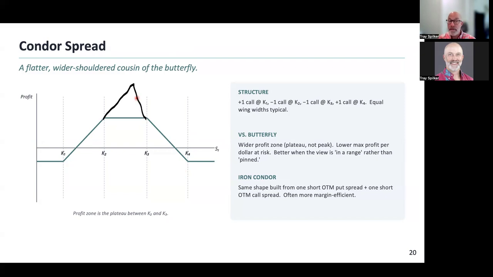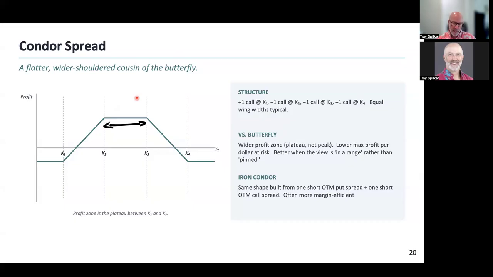But if you're less confident on where the share price will end up, then you can choose to spread out this flat, offset some of the high gain here for a likelier probability that the share price will be in between these other two strike prices, right? And this one should be relatively straightforward.